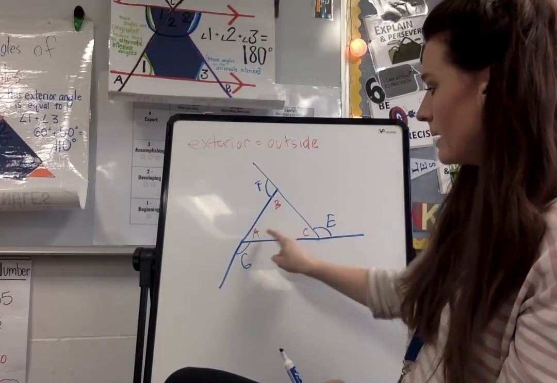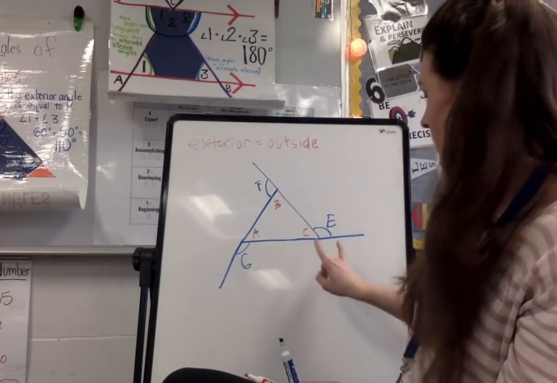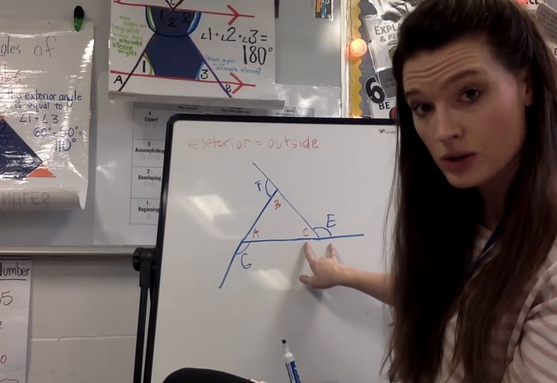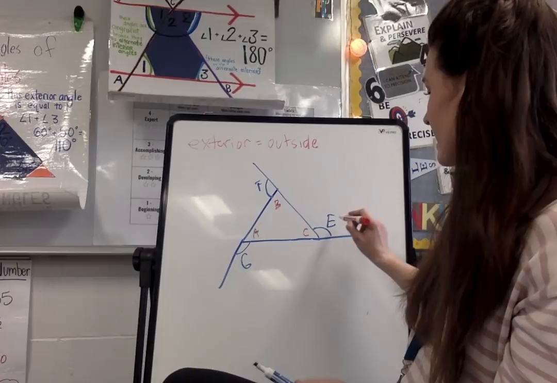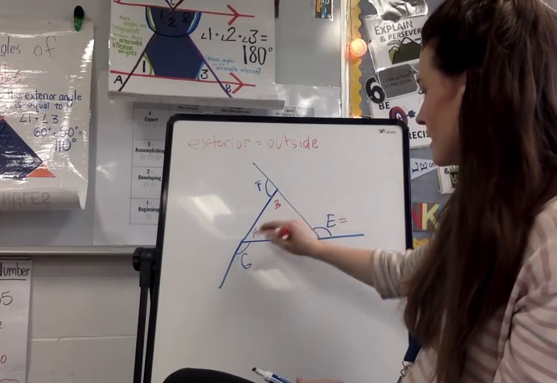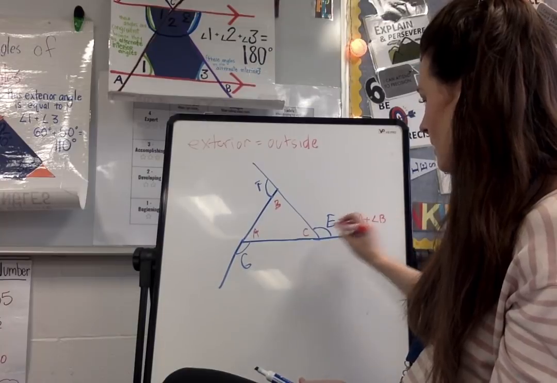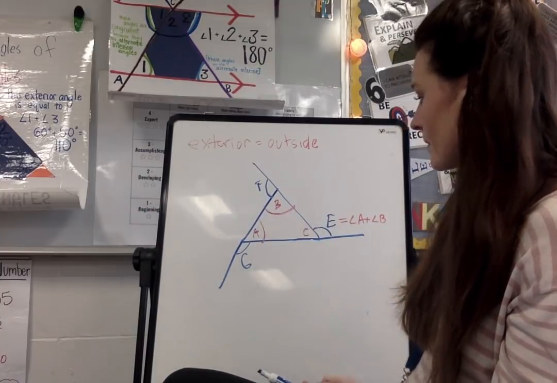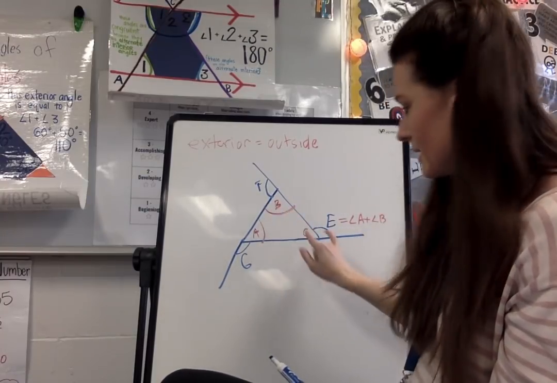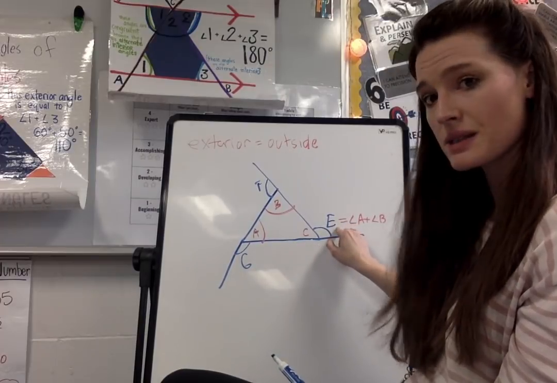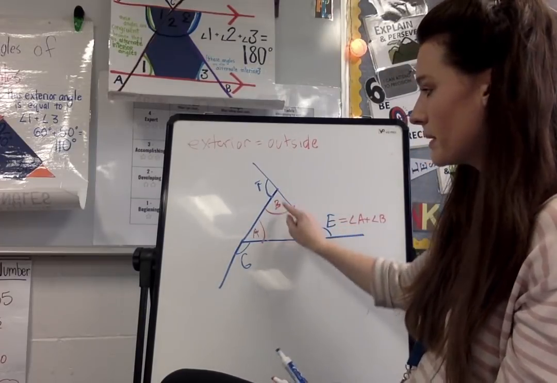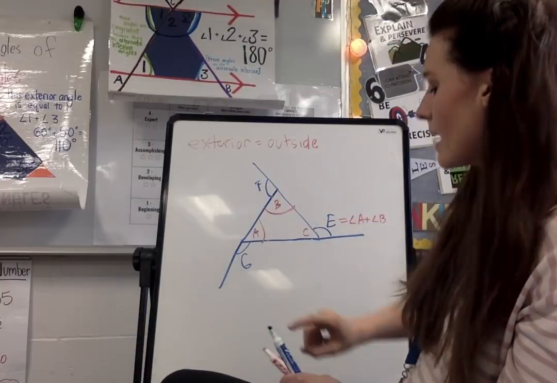Well, I know A plus B plus C equals 180, but I also know C plus E equals 180. So that means this E has to be equal to angle A plus angle B. Because if these three equal 180 and these two equal 180, then this outside one has to be equal to A plus B. So what does angle F have to equal?